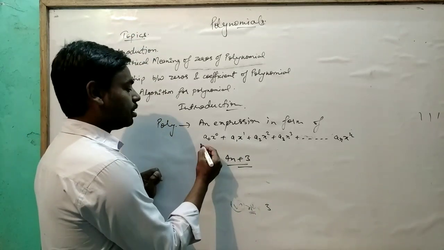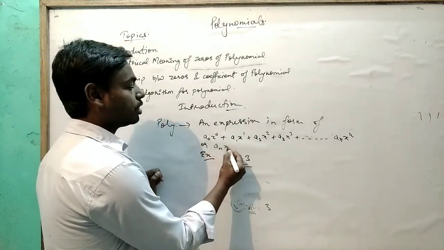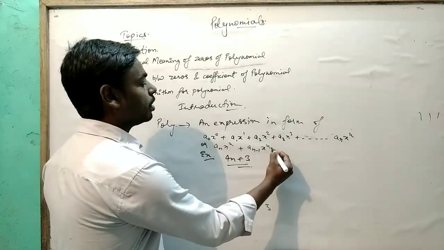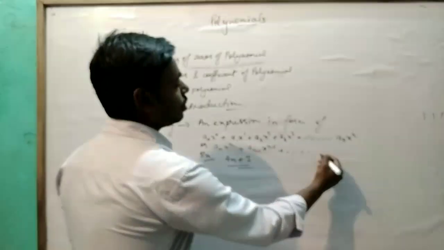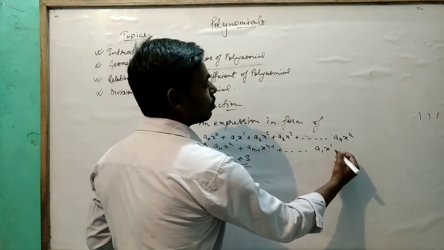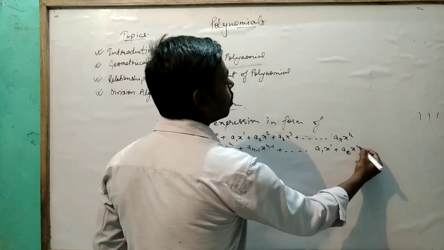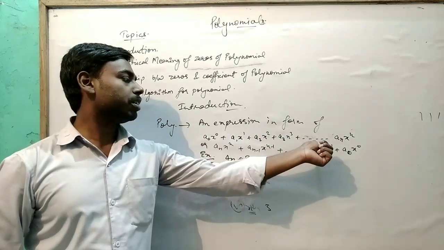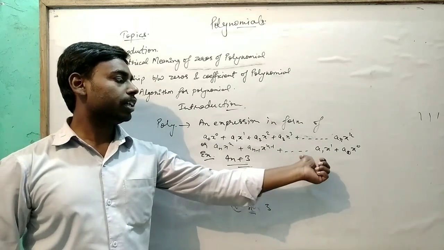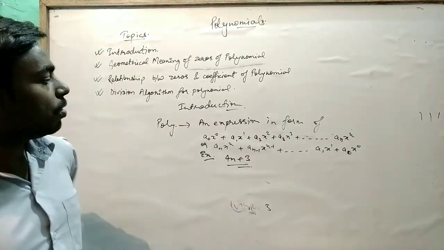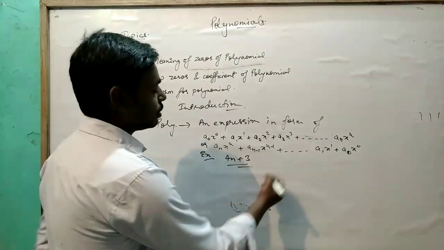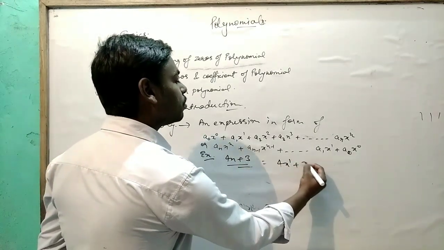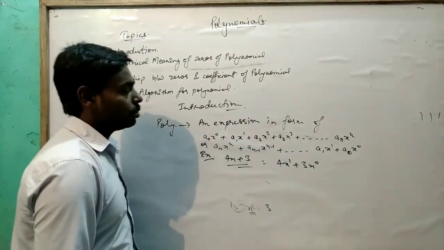It can be written as an x to the power n plus an minus 1 x to the power n minus 1 plus dot dot dot a1 x to the power 1 plus a naught x to the power 0. This term is also written in this form. Example is here 4x plus 3. Here we can write 4x to the power 1 plus 3x to the power 0.